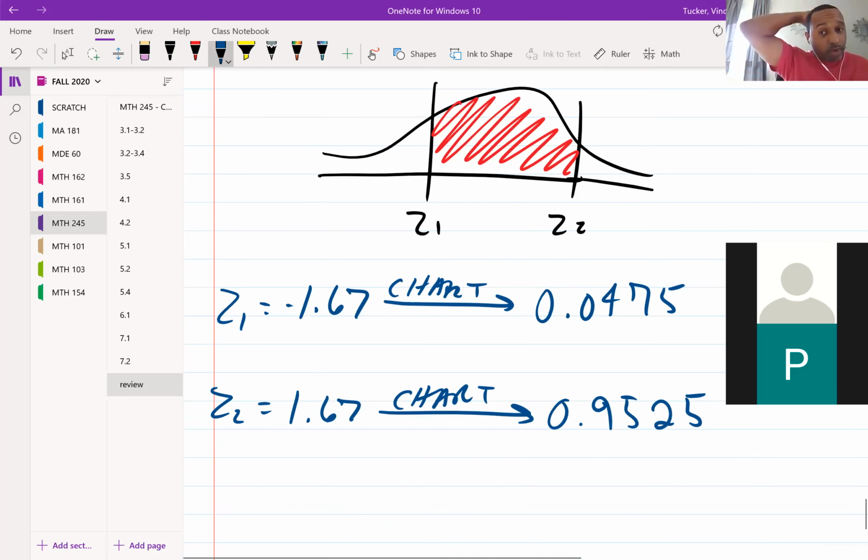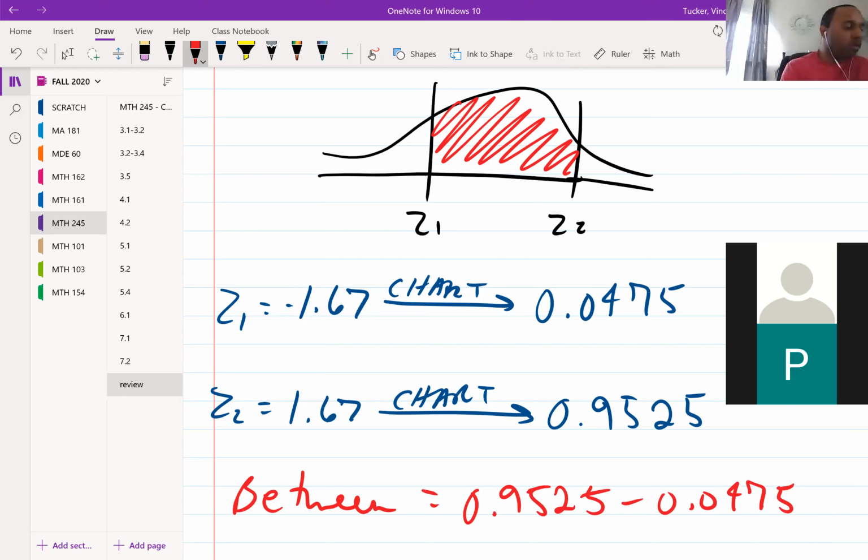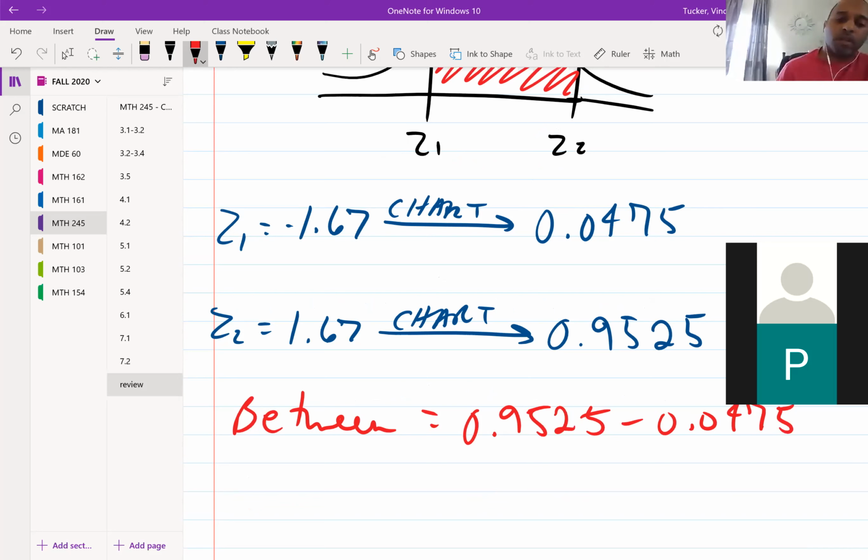So this is what we have on the chart. And don't forget, whenever you're trying to figure out what's between, you subtract your chart values. 0.9525 minus 0.0475, and I have 0.905.